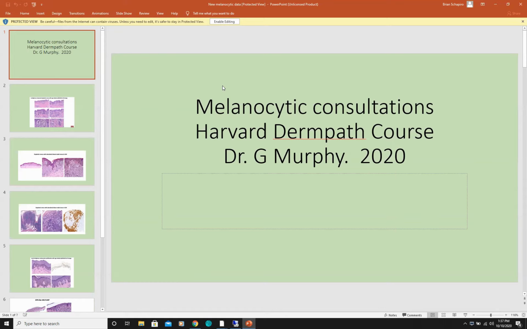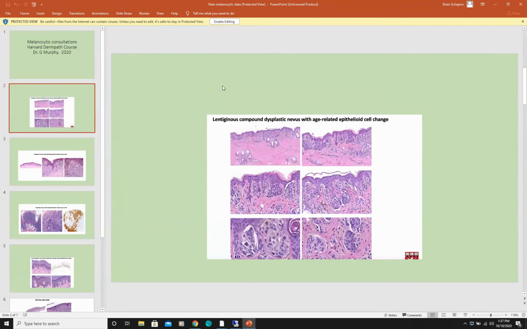So I was going to show some of these newer entities and how we deal with them. Some of these were new terminologies for me. Dr. Murphy spoke about a lentiginous compound dysplastic nevus with age-related epithelioid change, and these are dysplastic nevi where we see these epithelioid melanocytes. That was a kind of interesting terminology that I had not seen before.